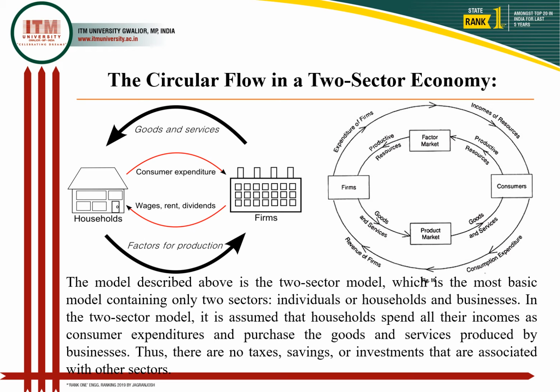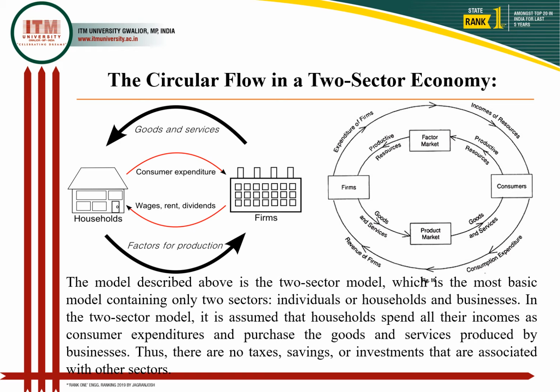This dark black movement indicates a flow which is called the physical flow or real flow, right? It is the real flow, the physical flow. There is only an exchange of goods and services between these two sectors. So this is the real flow, right? It is the real flow which determines the magnitude of the growth process in the economy actually.